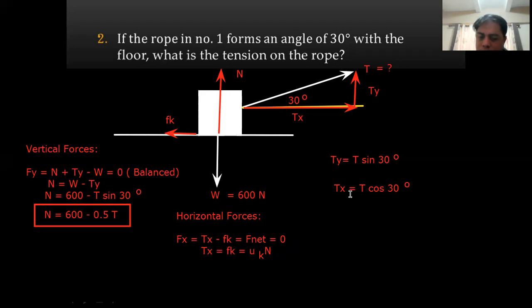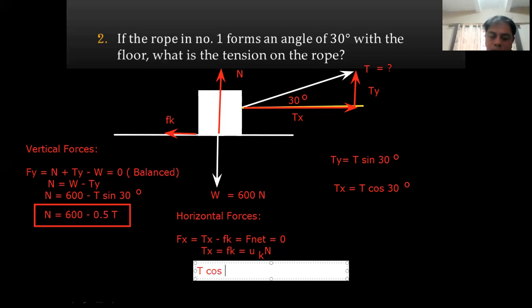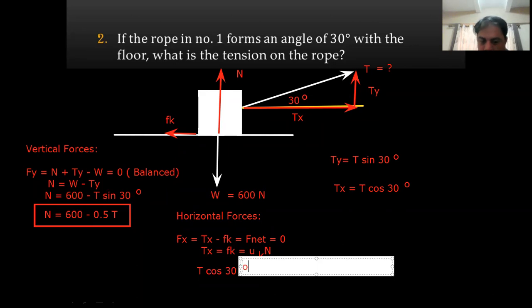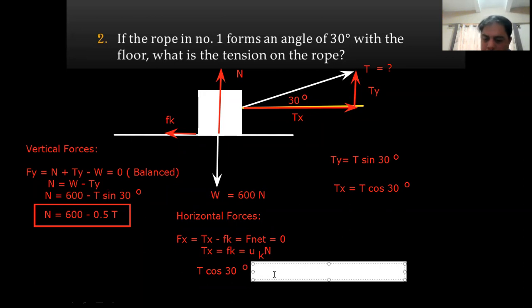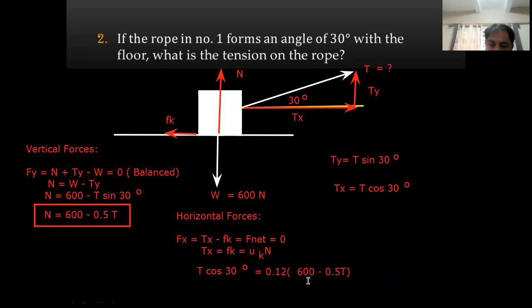From our equation above, T sub x is T cosine of 30 degrees. F sub k is mu, which is 0.12, and N being equal to 600 minus 0.5 T, the one that we have earlier.